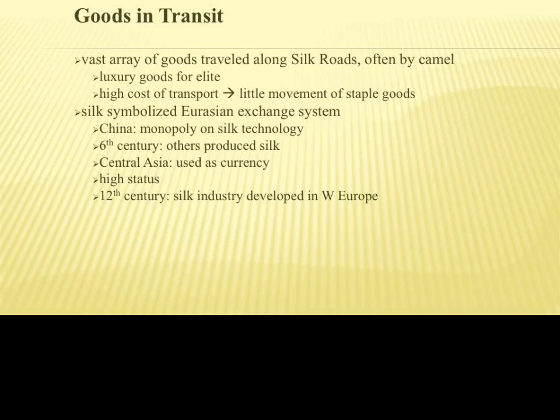Camels do very well with sand, in the sun, things like that. And most of those luxury goods were for the elite. And because of the high cost of transportation, there wasn't a lot of movement of staple goods, items that people had to have. The luxury goods are items that aren't necessarily needed for survival.